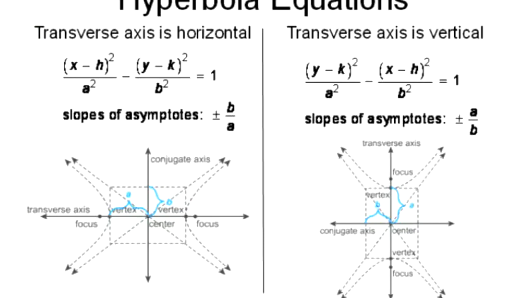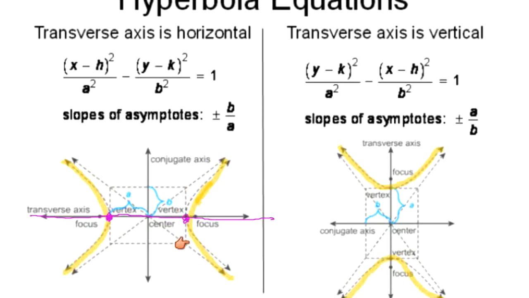Let's take a peek at my picture. I'm going to actually draw in your two hyperbolas here. So here's a hyperbola. Here's a hyperbola. Here's a hyperbola. So if I'm looking at my transverse axis right here, the transverse axis touches both of the vertices.